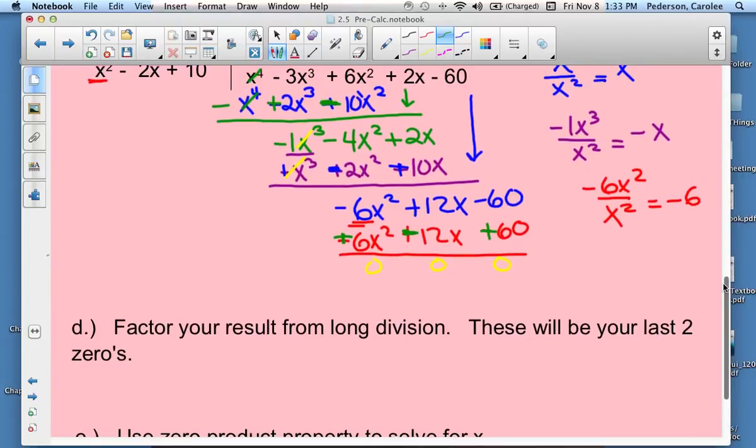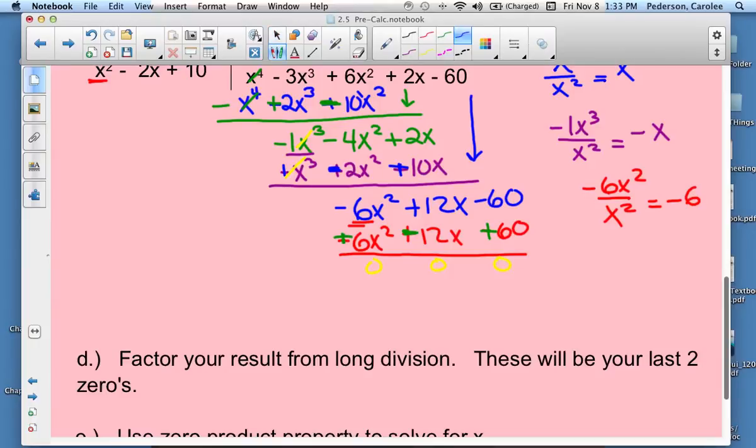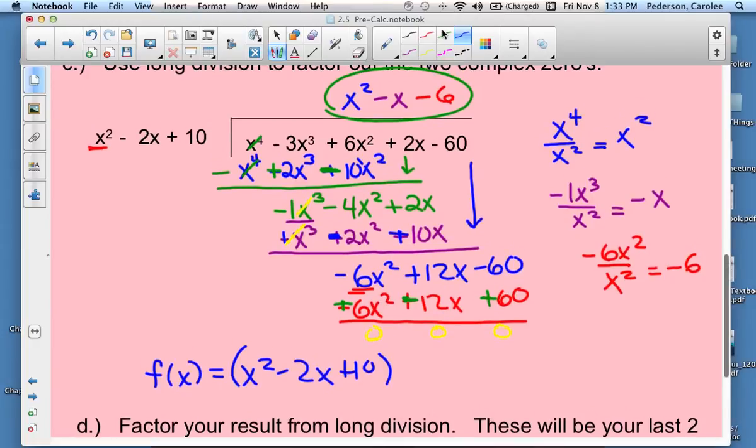If you write that in factored form as a function, it would look like this. f of x equals x squared minus 2x plus 10. There's your first factor. And then what we just worked on in the green here will be your other factor.